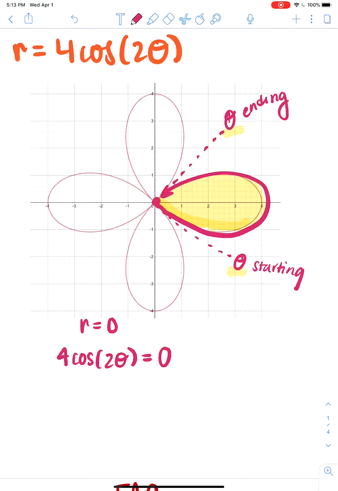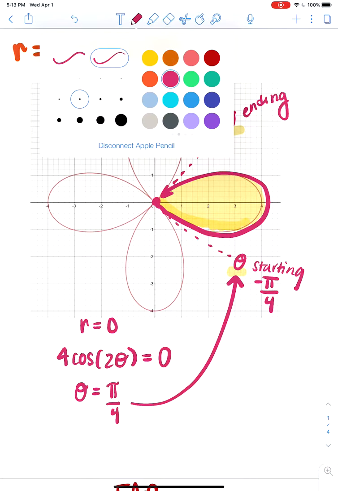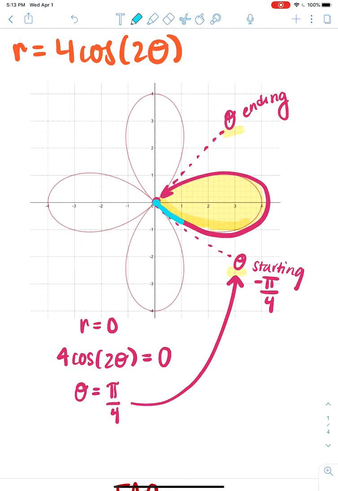When we do a little bit of math, that's pi fourths and versions of that. Again, the starting one is going to be negative pi fourths, because if we start at negative pi fourths, r will be 0, and if we keep going towards pi fourths.